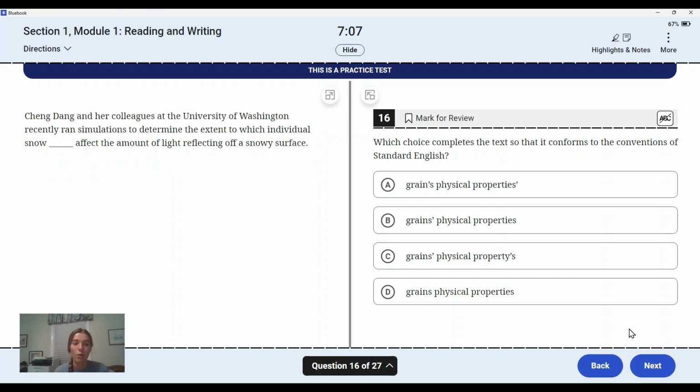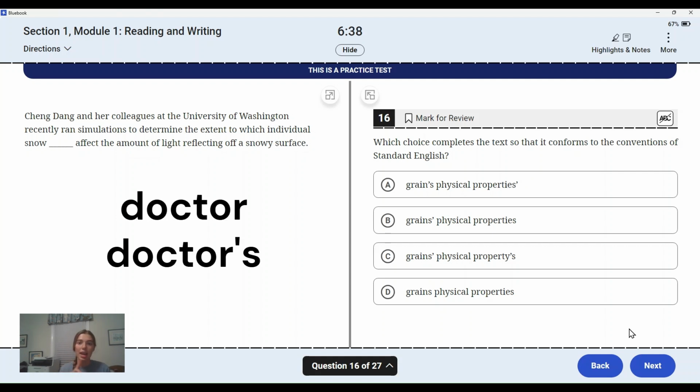So, one important thing to remember when you're dealing with a question like we have here with an apostrophe: apostrophes are used to indicate ownership. And so if you have a word like, for example, the doctor, in order to indicate ownership, then you can put the doctor apostrophe S. It's the doctor's stethoscope.